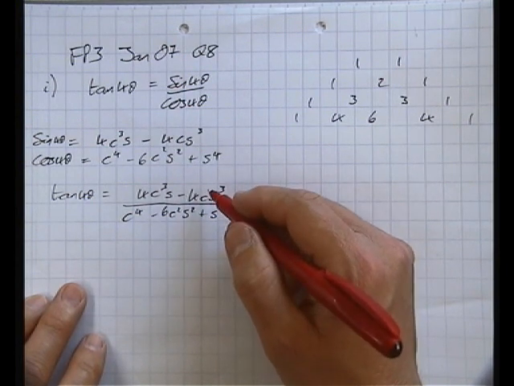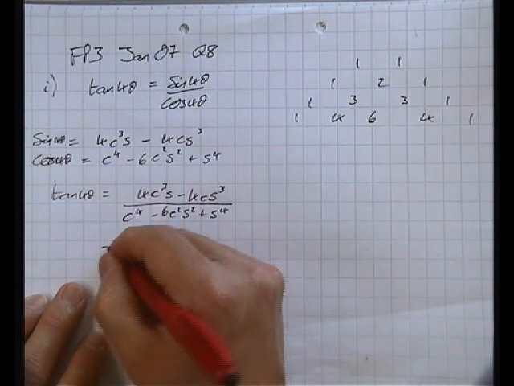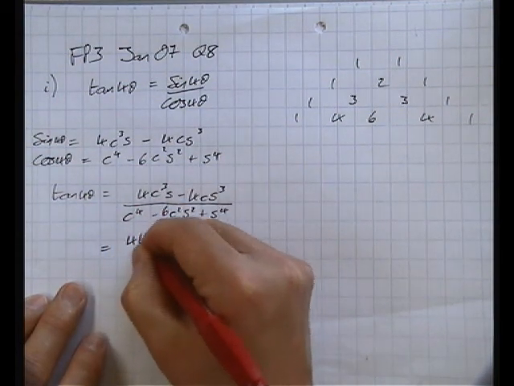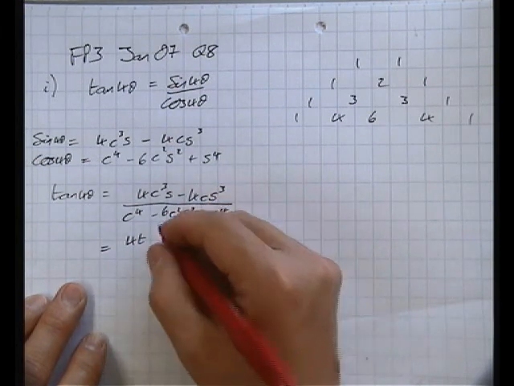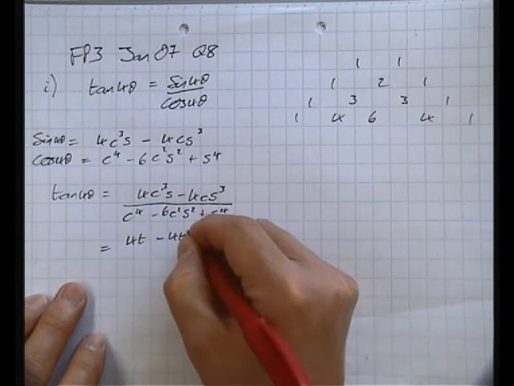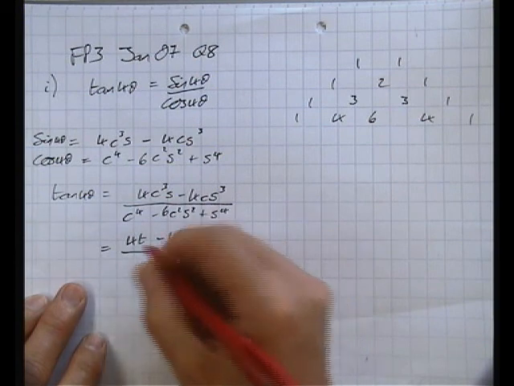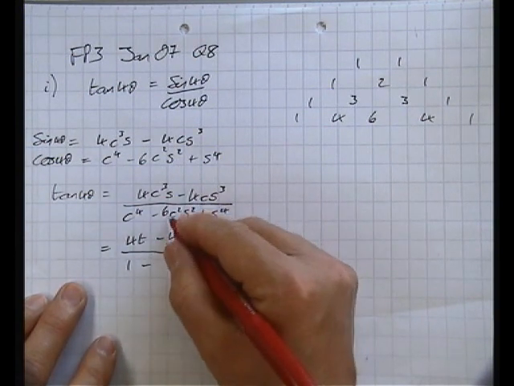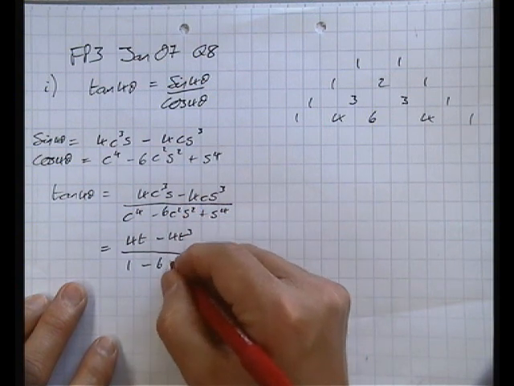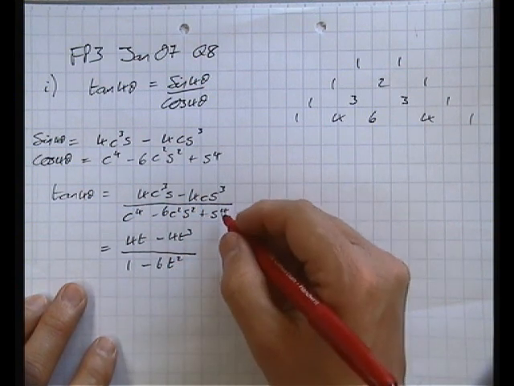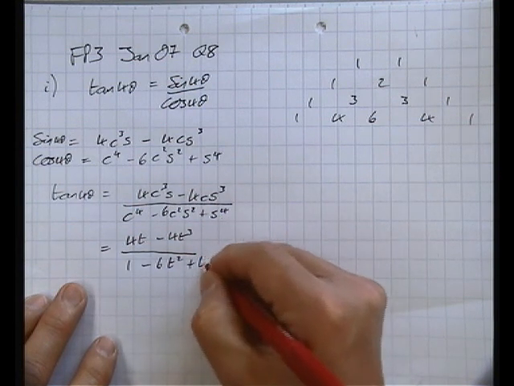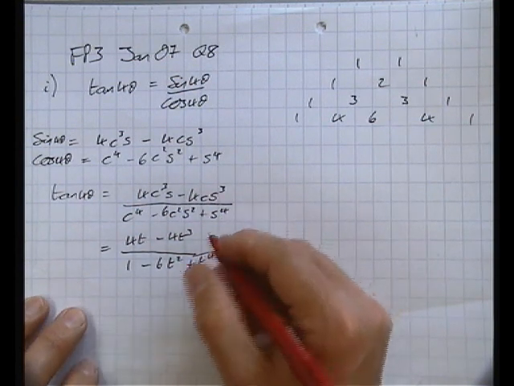so I'm going to divide the numerator and denominator by c to the power 4. Divide that by c to the 4, and I'm going to get 4t. Divide that by c to the 4, and I get minus 4t cubed, all divided by, well, c4 divided by c4 is 1. Divide that by c to the power 4, and I get 6t squared. And divide this by c to the 4, and I get 1 of t to the 4.